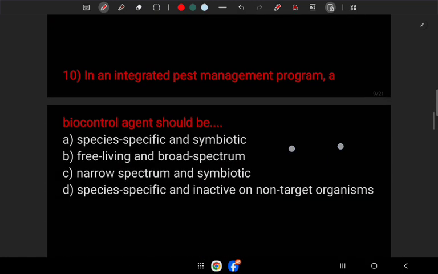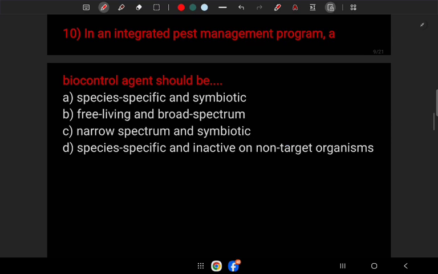Question number 10 says, in integrated pest management, that is IPM, the biocontrol agent should be species specific and symbiotic? Not symbiotic but species specific, free living and broad spectrum, narrow spectrum symbiotic, or species specific and inactive on non-targeted organisms.